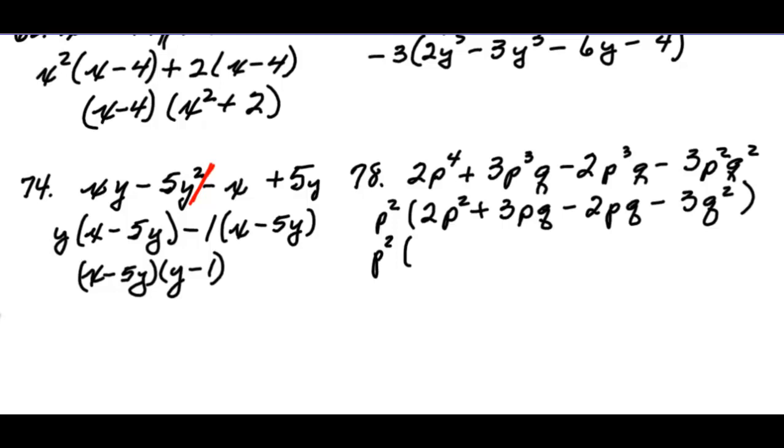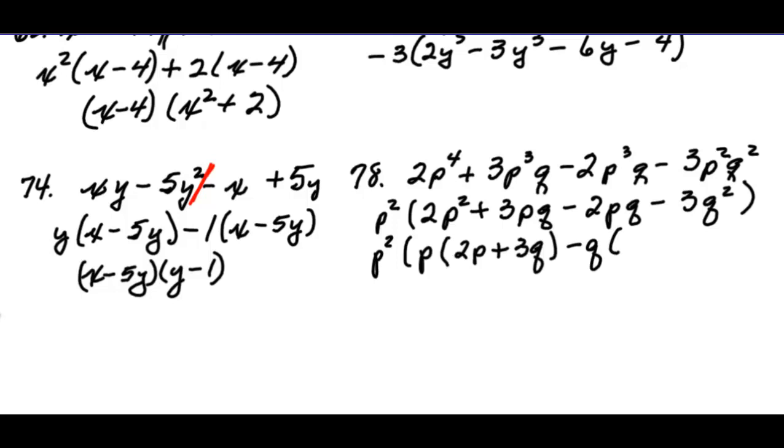So let's pull out in those first two terms a p. And what we have left is 2p plus 3q. Now looking at the last two terms, what can we pull out of that? Well, we can pull out a q, but in order to get the pluses there, we have to pull out a negative q.